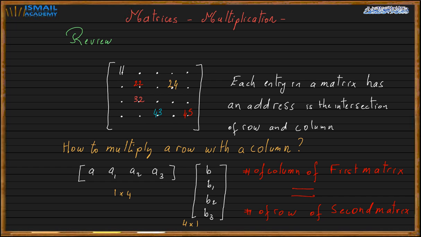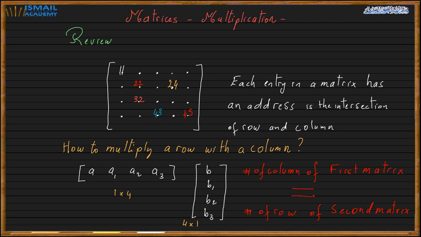For multiplication we multiply the first with the first, the second with the second, the third with the third, the fourth with the fourth. If they're not equal, there will be one missing, which means we cannot multiply.